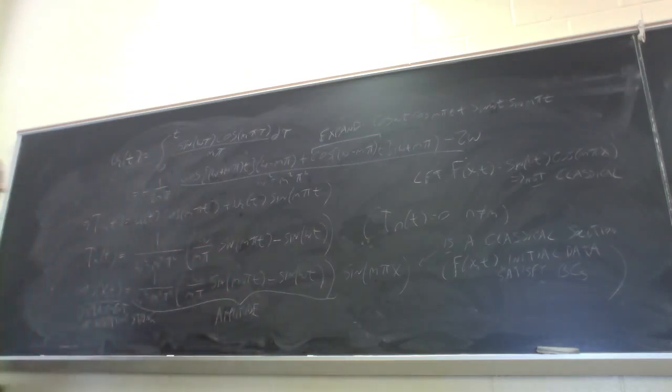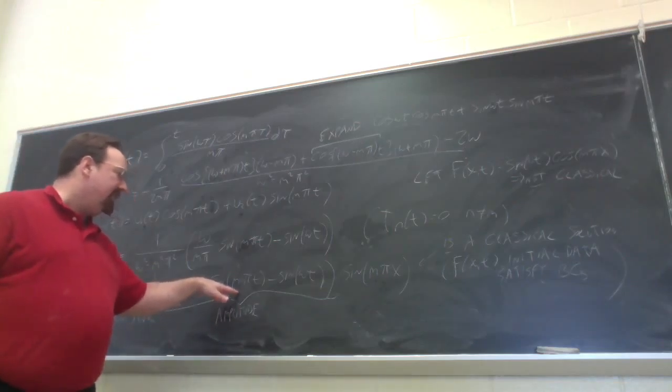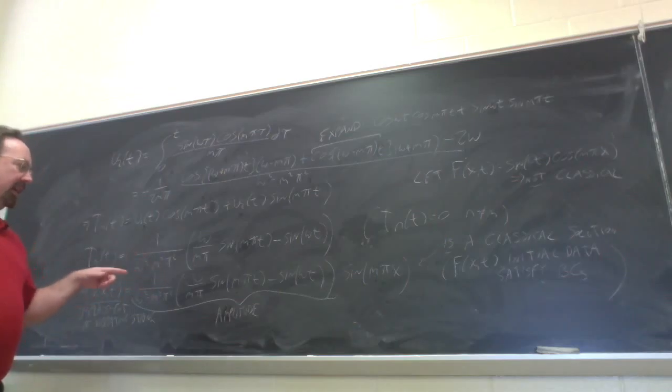Now, notice that the amplitude does change over time. But look how it changes. Sine m pi t, sine omega t, where m and omega are fixed values. So it turns out that the amplitude is periodic.